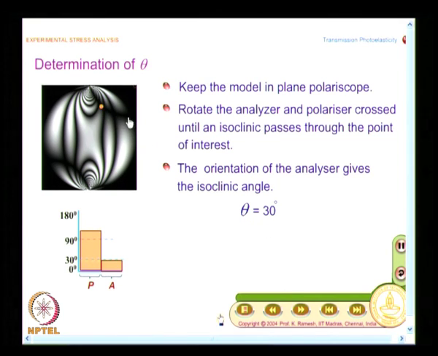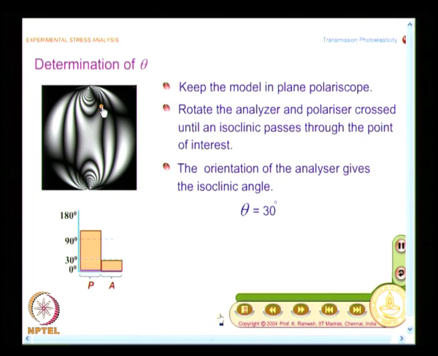A 30-degree isoclinic has passed through it, and this is pictorially represented in this diagram. You will always find the angles of polarizer and analyzer are separated by 90 degrees, indicating that they are crossed, and we have stopped this crossed position of polarizer and analyzer when the analyzer has reached 30 degrees. This has passed through the point of interest.